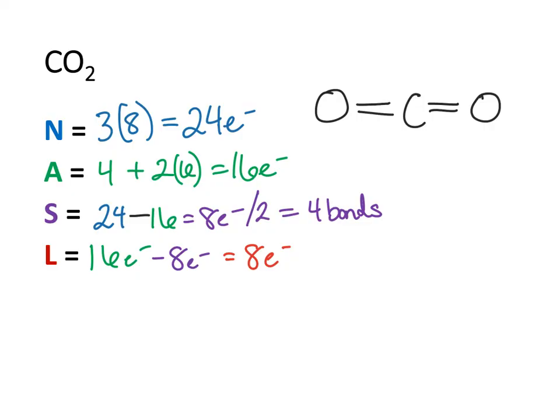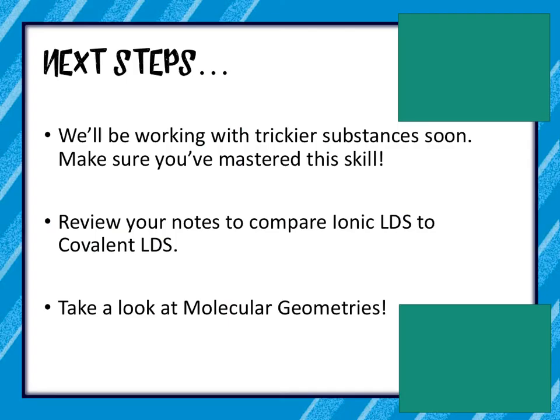However, my 2 oxygen atoms currently have only 4 electrons connected to them. So I will need to add 4 more electrons to each of these atoms in order for them to meet their octet. That works out well, since I had calculated that I needed 8 electrons to complete my diagram.